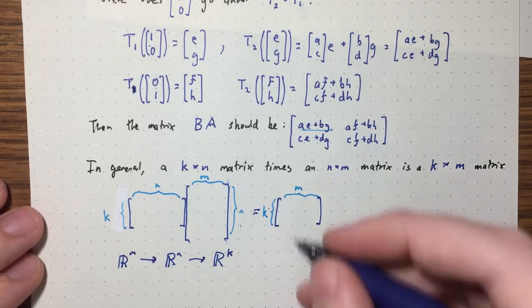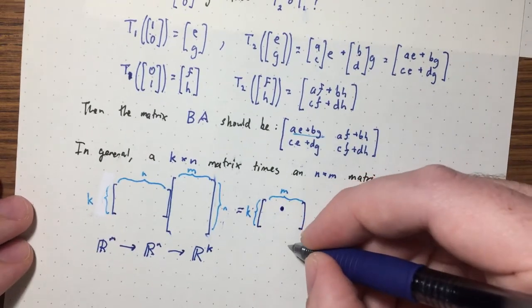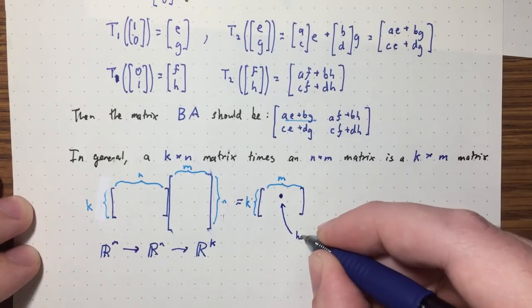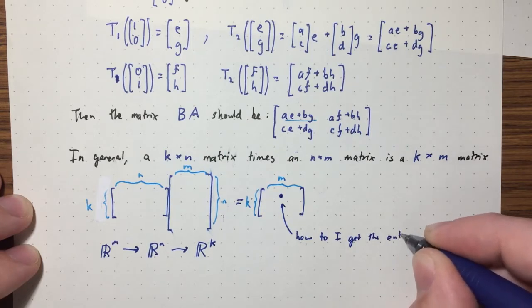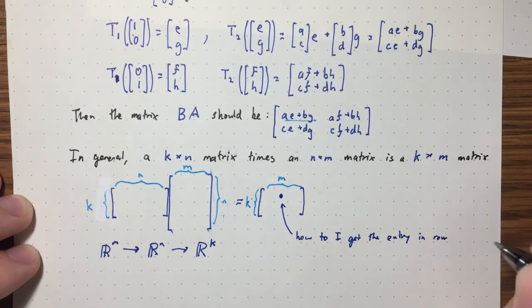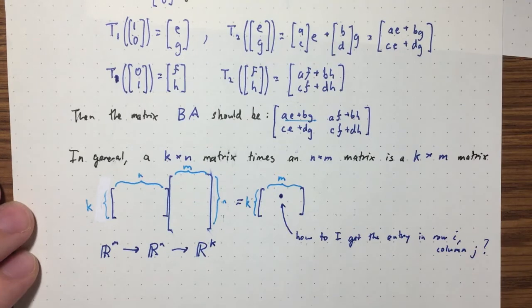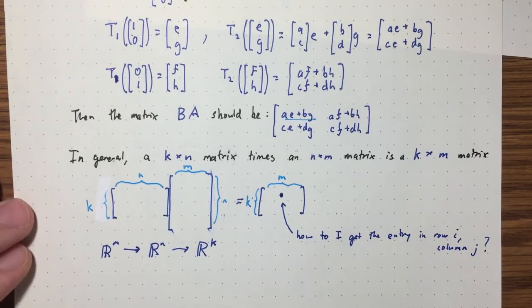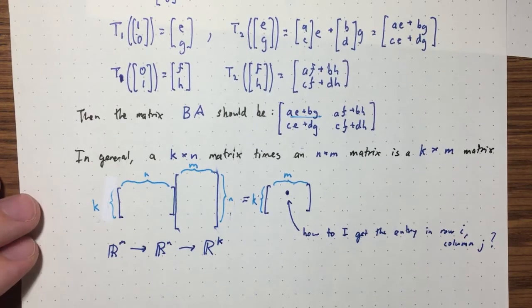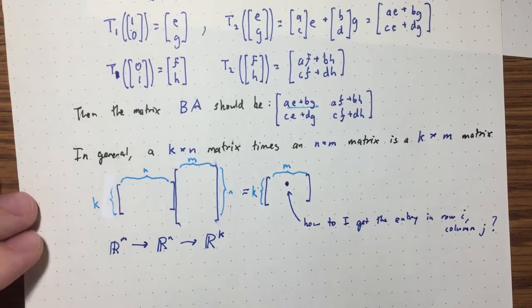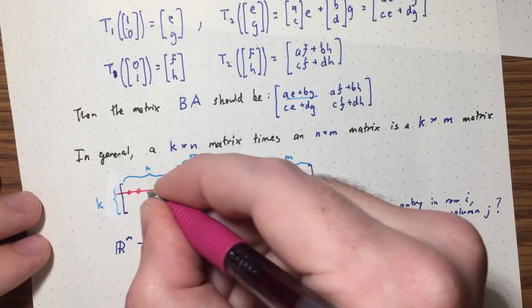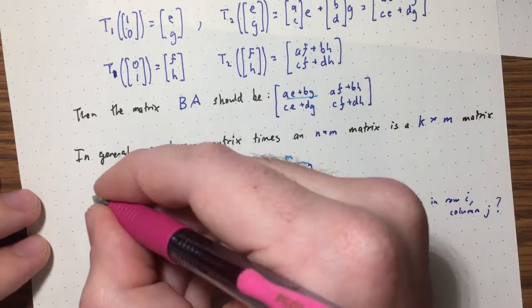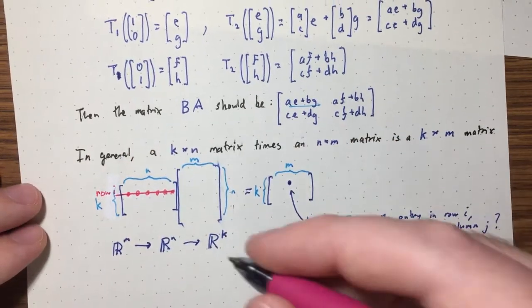How do I get a specific entry? So let's say I want this entry in, let's say, row i, column j. Well, here's what you do. You take row i of the first matrix. So I take row i, and then I take column j.